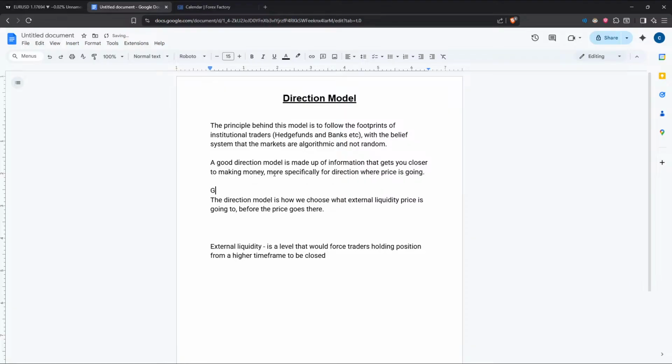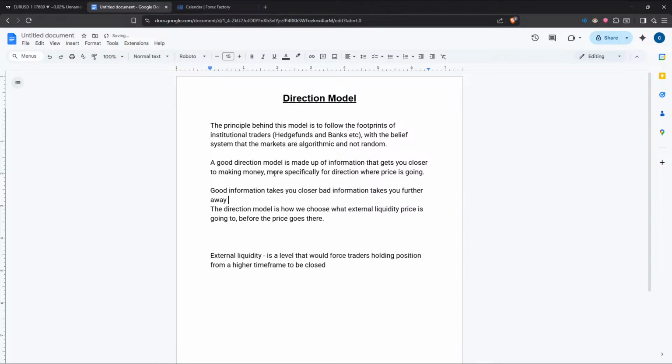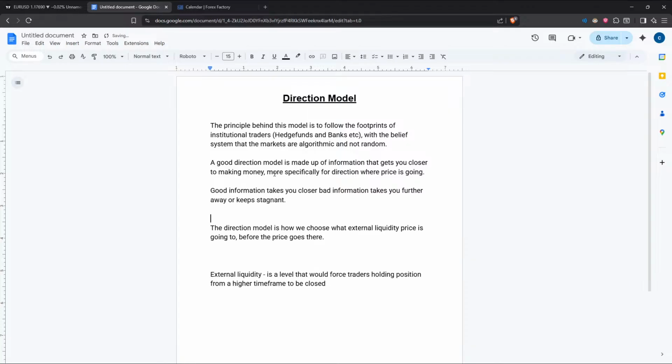Good information takes you closer, so closer to where price is going, and bad information takes you further away or keeps you still, keeps you stagnant. What does that mean? Like I said before, things like indicators that provide no value.